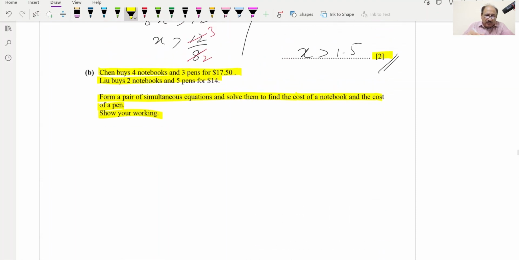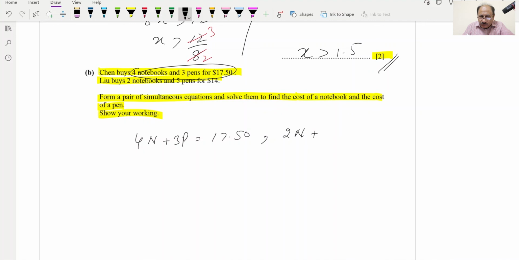Very interesting one. So we can write the equation: 4 notebooks, 3 pens. So 4n for notebooks and 3p for pens is equal to costing 17.50. And the second equation which we can write is 2 notebooks and 5 pens, so 2n plus 5p is costing $14.